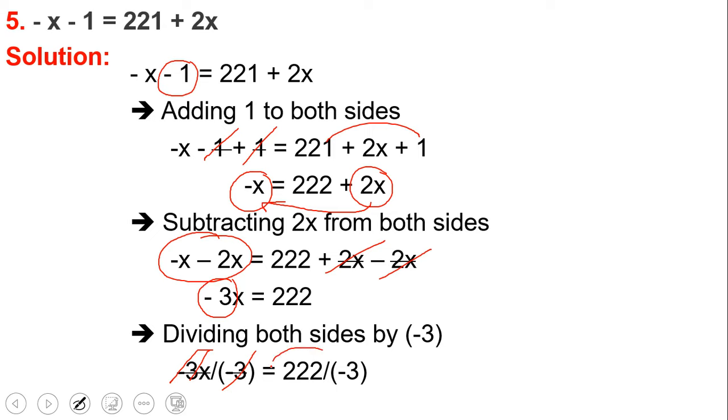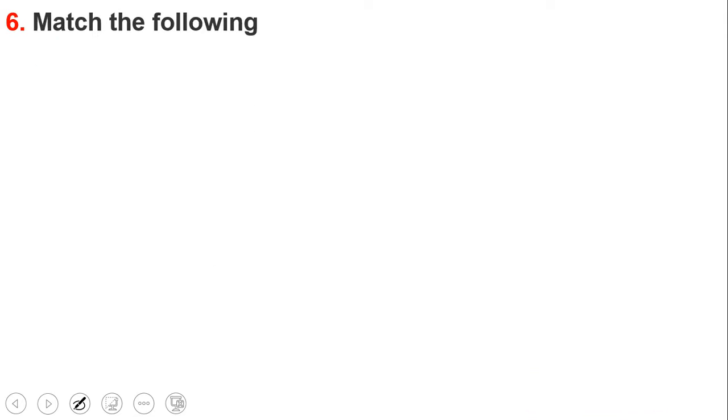And here 222 upon minus 3 is equal to minus 74. Okay. So here also minus 3 upon minus 3 means plus x. So x is there and a minus 74. 222 upon minus 3. So x is equal to minus 74 is the answer. Is that clear?